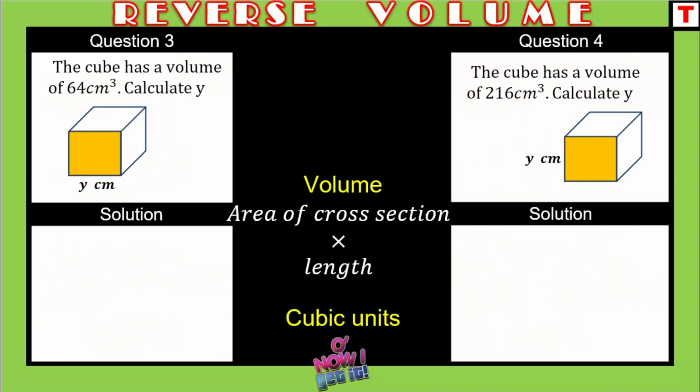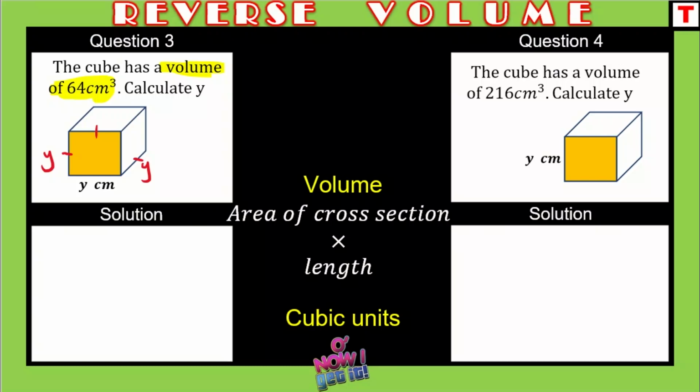Here we're being told that the cube has a volume of 64 centimeter cube, and we're being asked for y. So keep in mind that a cube, all the sides are the same. Therefore, this would have been y, and here would have also been y.